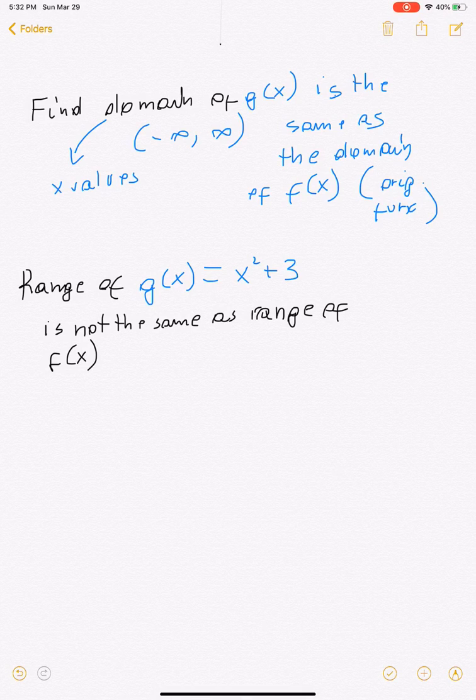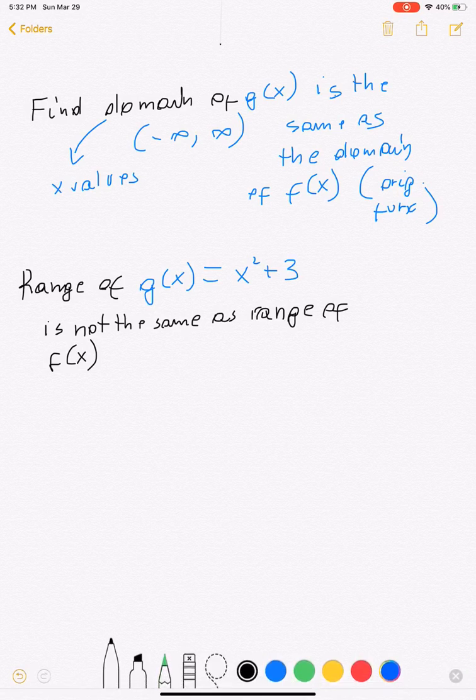But here the range of f of x, in parentheses, I will put that the range of f of x was 0 to positive infinity.